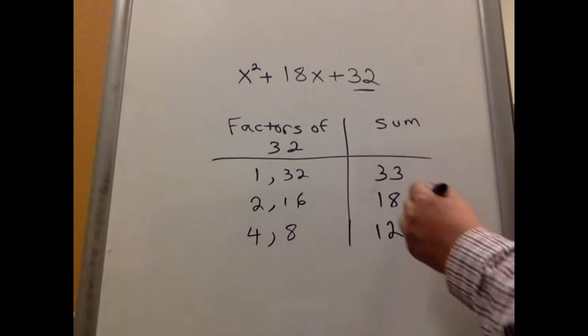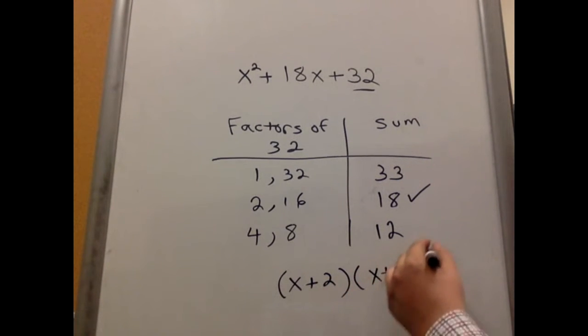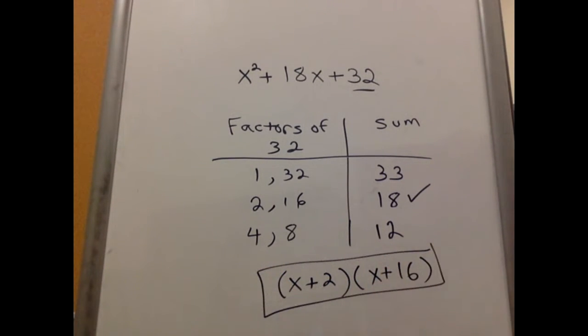So this is the one that we need to go with. Let's look at the two numbers. We have 2 and 16, so we can simply write it as x plus 2 and x plus 16. And this is the trinomial factored.